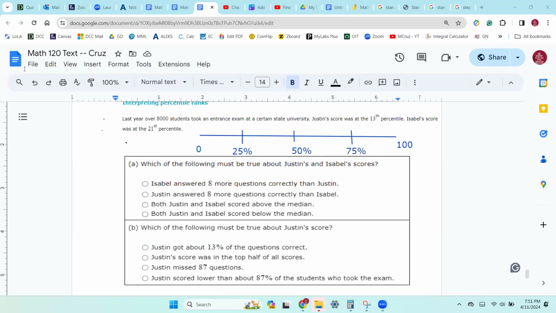Okay, so what we've got to do is pencil in where these other folks are at. Let me make them a different color. So right in here, and then I want to make the other one right about here.